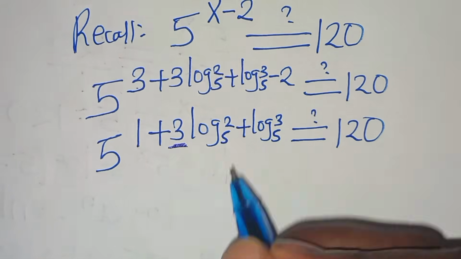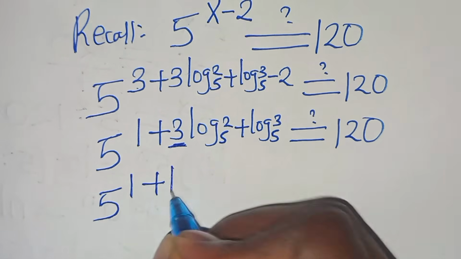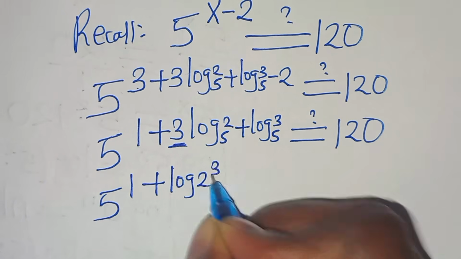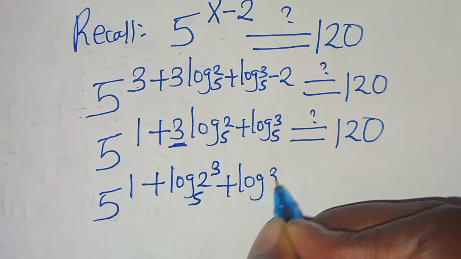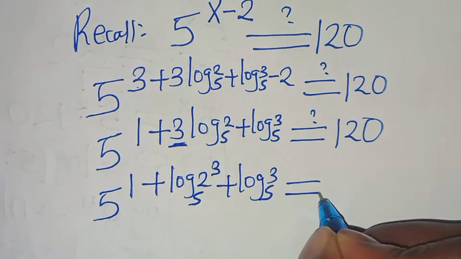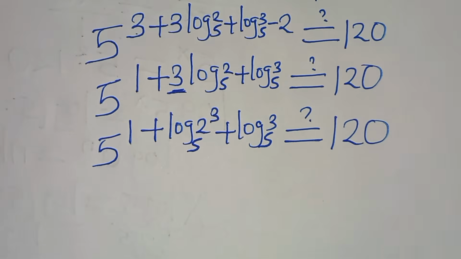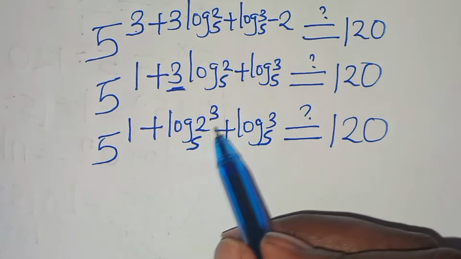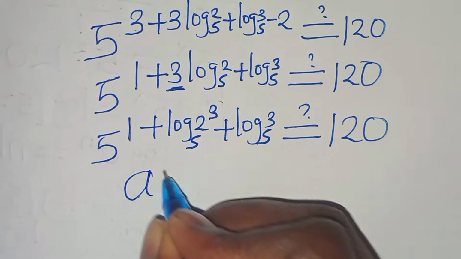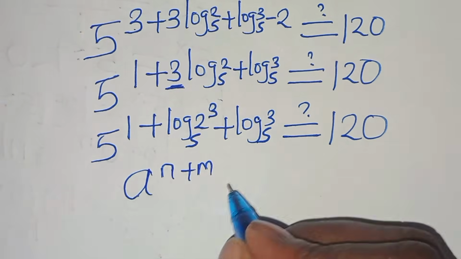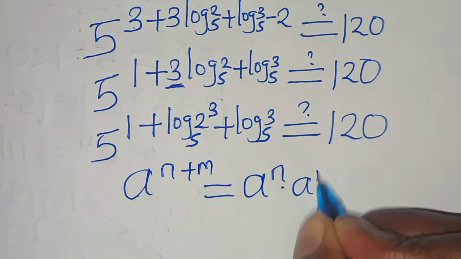Now this is a power, so we can express this as 5 to the power of 1 plus log 2 to the power of 3 to base 5, then plus log 3 to base 5. This should give us a value of 120. Now this is in the form of a to the power of n plus m, which we can express as a to the power of n times a to the power of m.